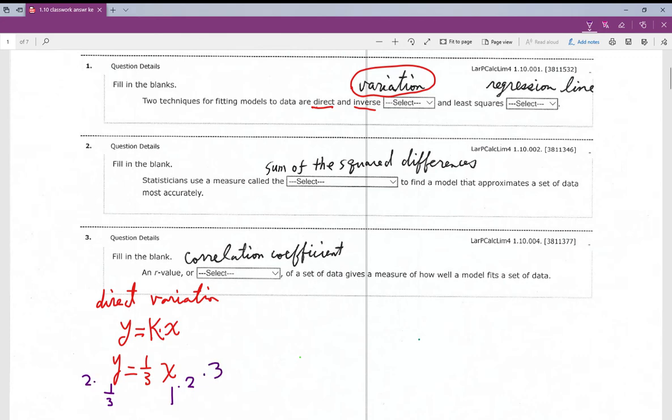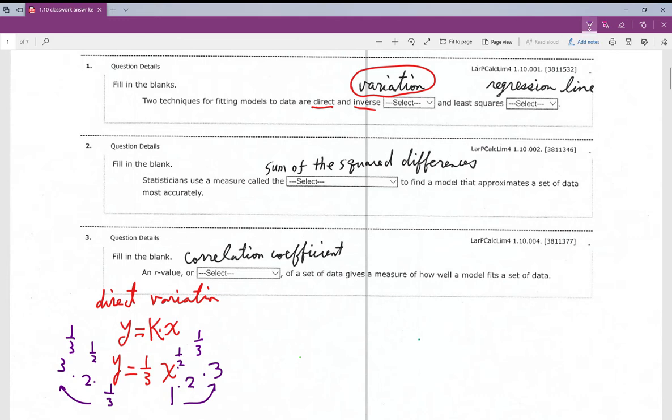When x times 3, y times 3. Yes? Okay. So when x grows, y grows. And when you make x 1/2, y will be times 1/2. Okay. So 1/2 times 1/3. And when x is divided by 3, y will be divided by 3. They always follow the same trend. Or we say x, y are proportional to each other.